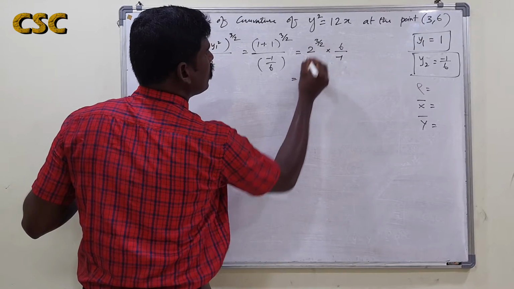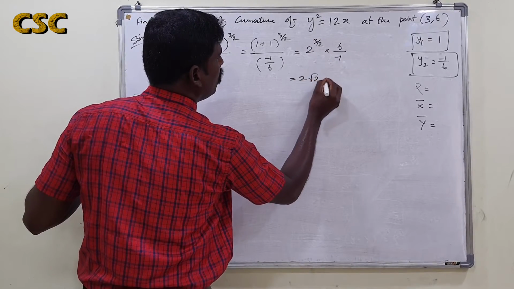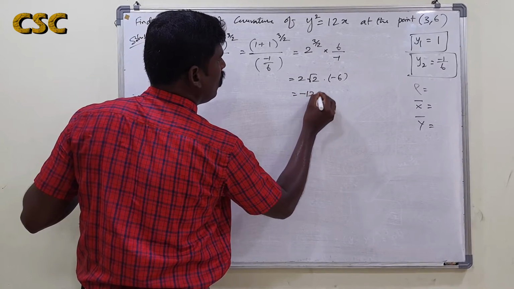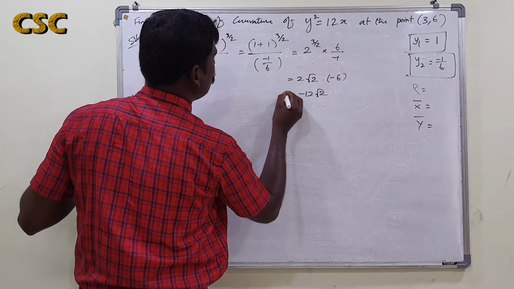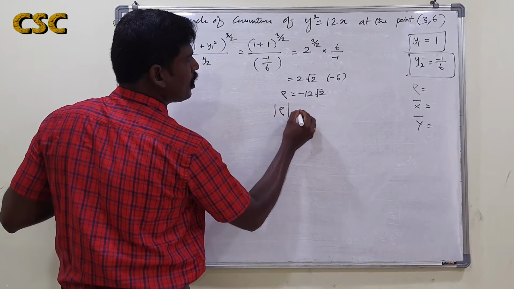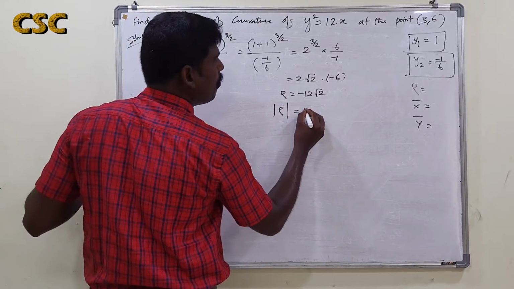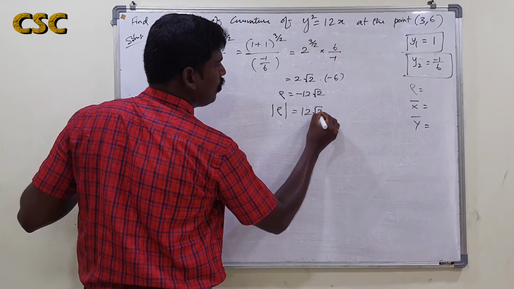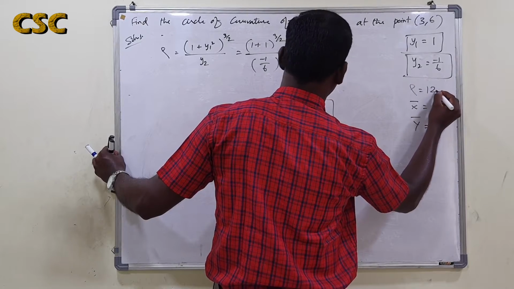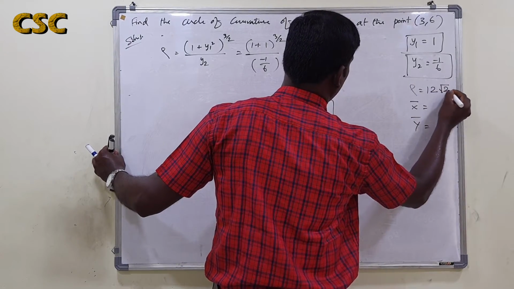This 2 power 3 by 2 can become 2 root 2 into minus 6. That is equal to minus 12 root 2, the value of rho. Since rho is a positive quantity, we have to take the positive value alone. So 12 root 2 is the value of the radius of curvature.